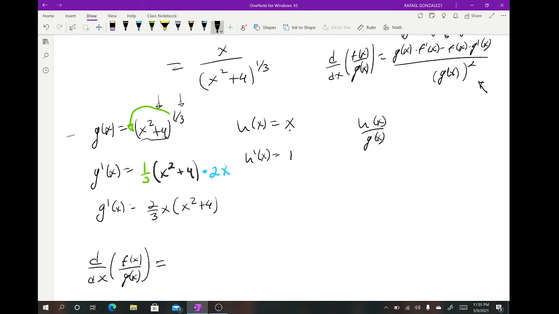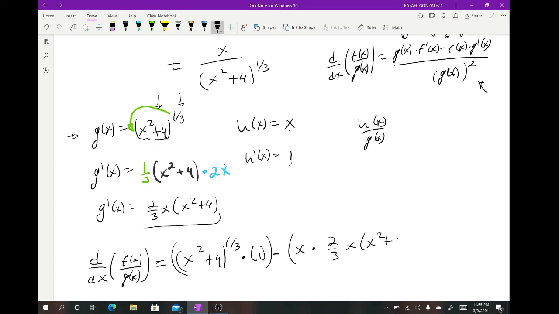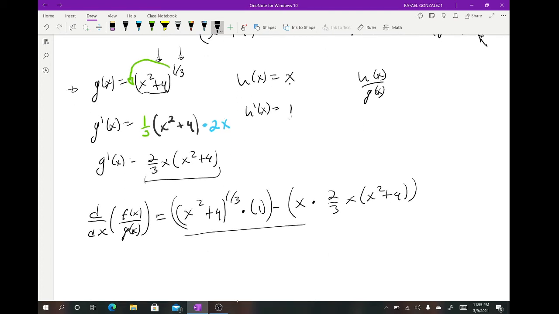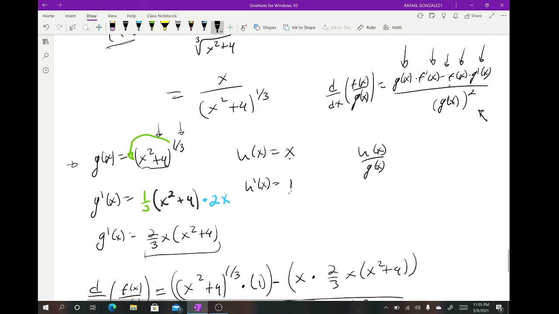So low was g of x, that's simply (x squared plus 4) to the power 1/3 times the derivative of the top, which is just 1, minus high, which is just x, times the derivative of the bottom, the low, which is 2 over 3x times x squared plus 4, divided by the bottom squared. The bottom was (x squared plus 4) to the 1/3, and that's now being squared by the quotient rule.